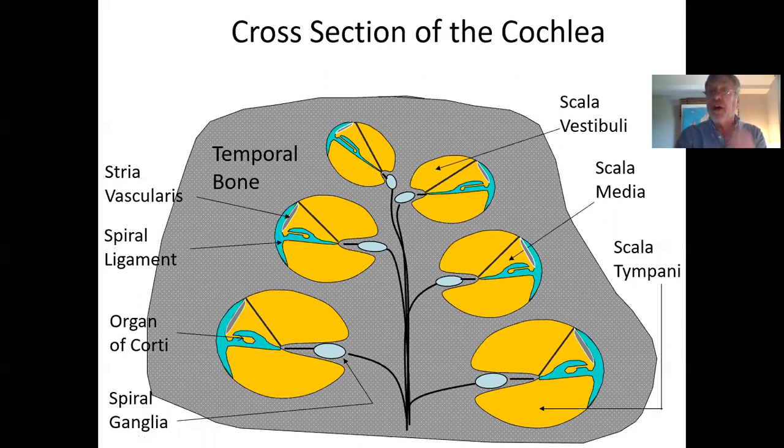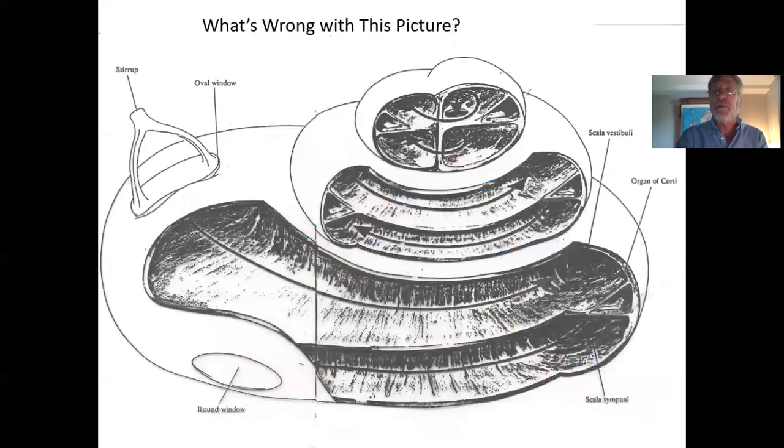And remember that you've got five rows of outer hair cells at the apex of the cochlea, four rows in the middle, and only three rows of outer hair cells toward the base of the cochlea. Good. And what's this thing called? Stria vascularis, the blood supply to the cochlea, to the scala media especially.